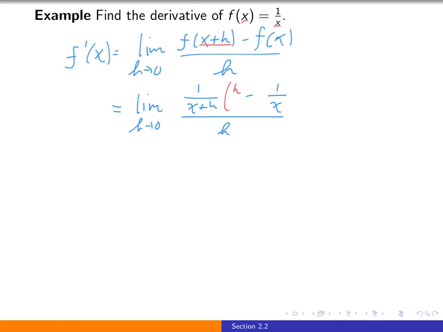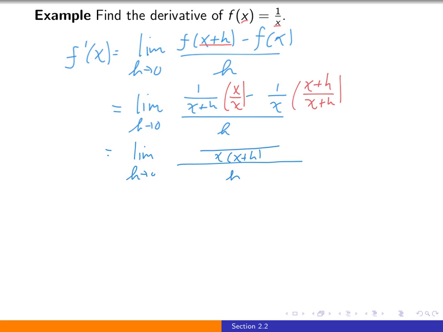To get that common denominator, we multiply the first fraction by x over x, and we multiply the second fraction by x plus h over x plus h. Doing so is going to create a common denominator in the top, x times x plus h.